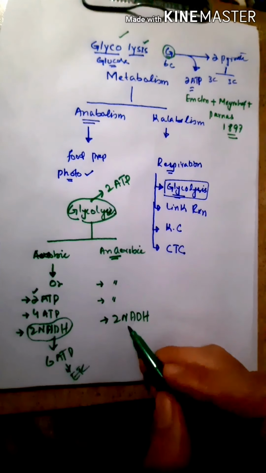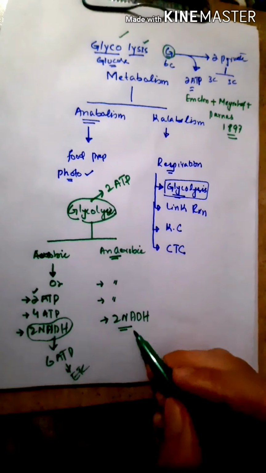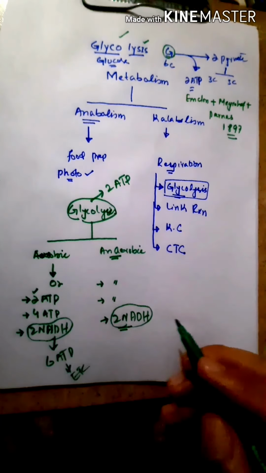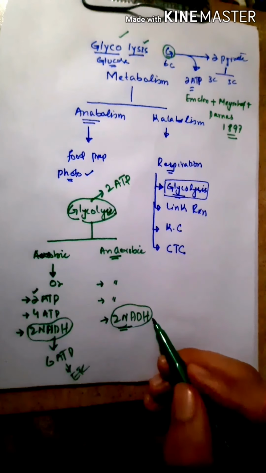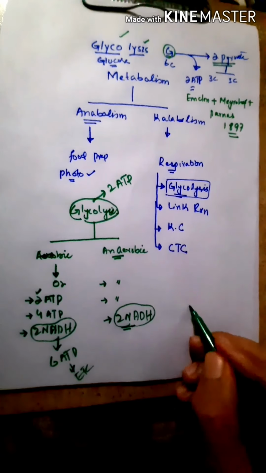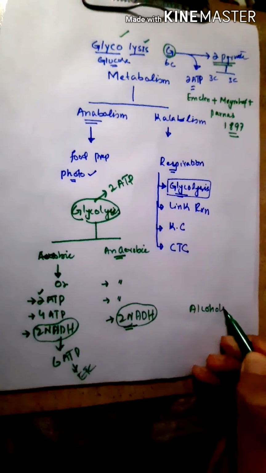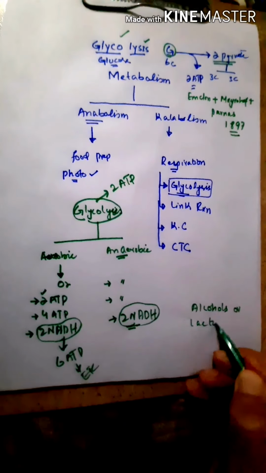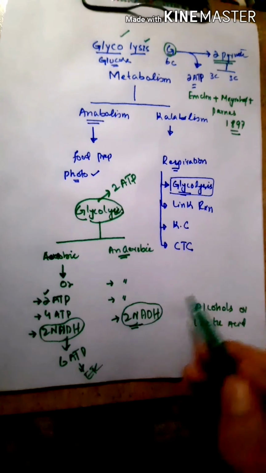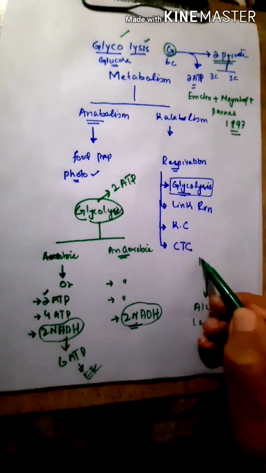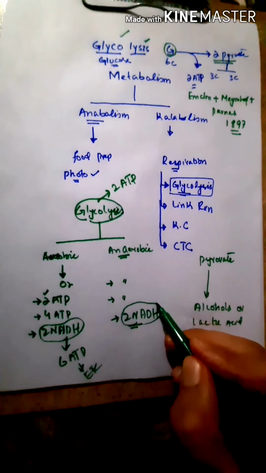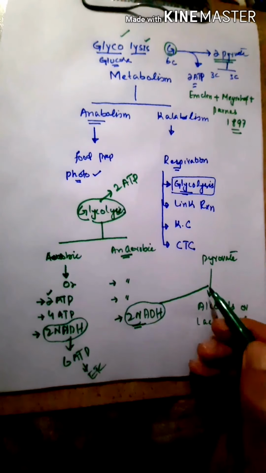But in anaerobic glycolysis, there is no electron transport chain, so these NADH cannot give ATP molecules. These NADH are used to convert pyruvate molecules into alcohol or lactic acid.